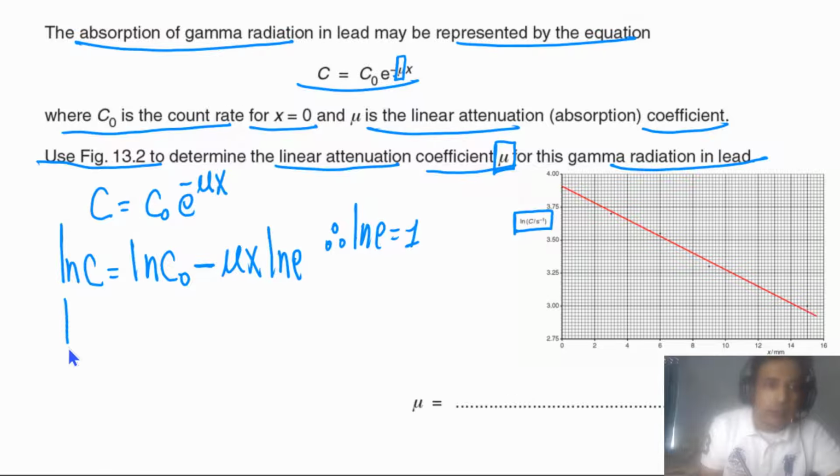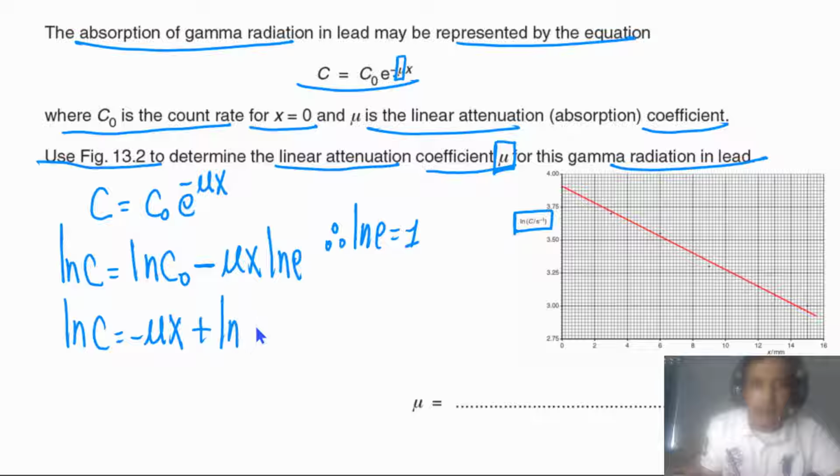So simply we can write ln of C is equal to negative mu x plus ln of C0. Now we can compare this with the straight line equation y is equal to mx plus c.